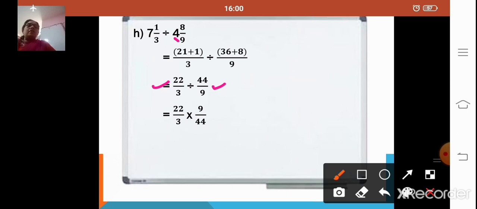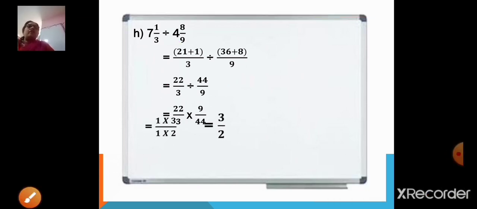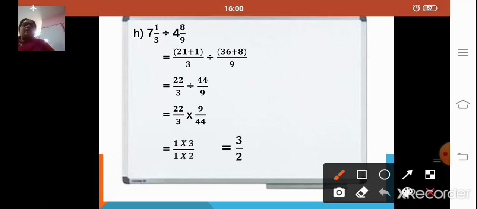Then we change the division sign to multiplication along with the reciprocal of the second fraction, that is 9 upon 44. 3 1s are 3, 3 3s are 9, 11 2s are 22, and 11 4s are 44. Again 4 is divisible by 2, so 2 1s are 2 and 2 2s are 4. So your final answer is 3 upon 2.